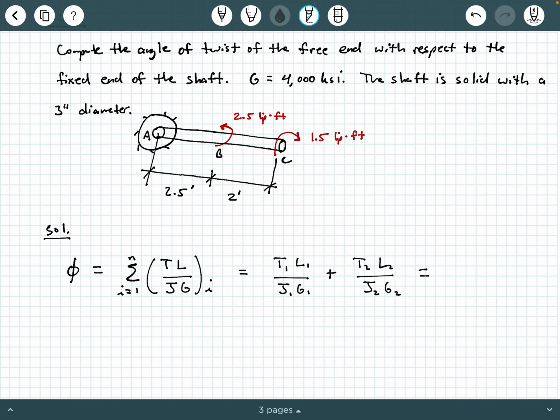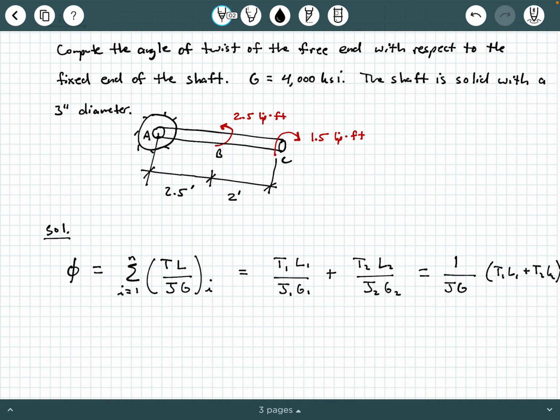J1 and J2 are the same because the cross section is the same in both segments, and G1 and G2 are the same because you have the same material for the entire shaft. So what we can do is factor this out. We can say 1 over JG times T1L1 plus T2L2.